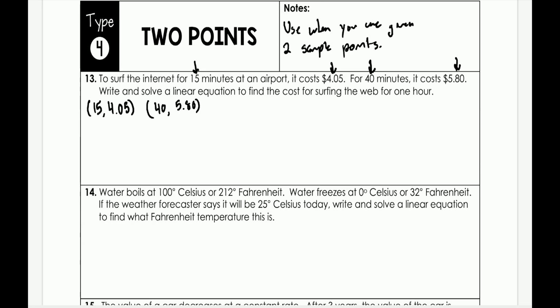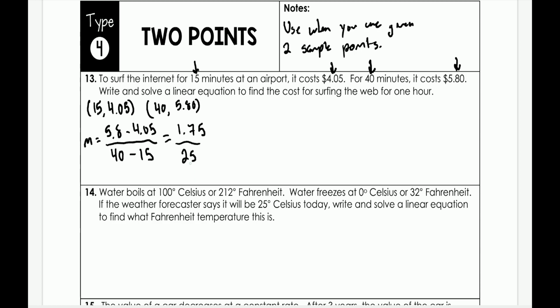Now, we have to find the rate of change. So how much are they spending per minute? And the way that we can do that is we can use those 2 data points to figure out what the slope would be between those. So, using the slope formula, we have m is equal to y2 minus y1 over x2 minus x1, or 5.8 minus 4.05 over 40 minus 15. 5.8 minus 4.05, that gives us 1.75 over 40 minus 15, that gives us 25.